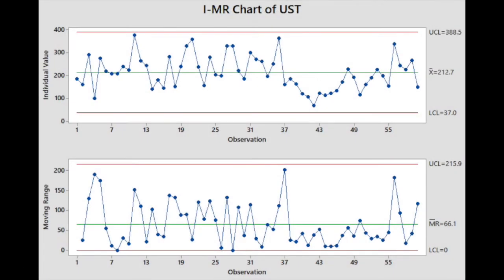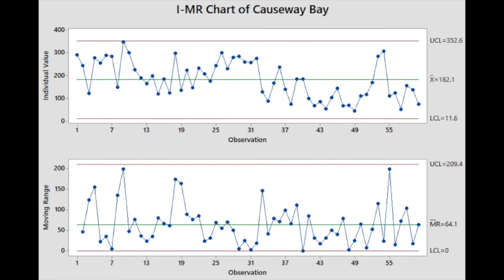After we collected the data of Starbucks both in UST and Causeway Bay, we present the IMR chart on Minitab respectively to analyze the service time. By comparing the two charts, the Starbucks in UST has a larger upper control limit and a smaller lower control limit than that in Causeway Bay, which means there is more service time in UST Starbucks, and the mean value also shows the same result.